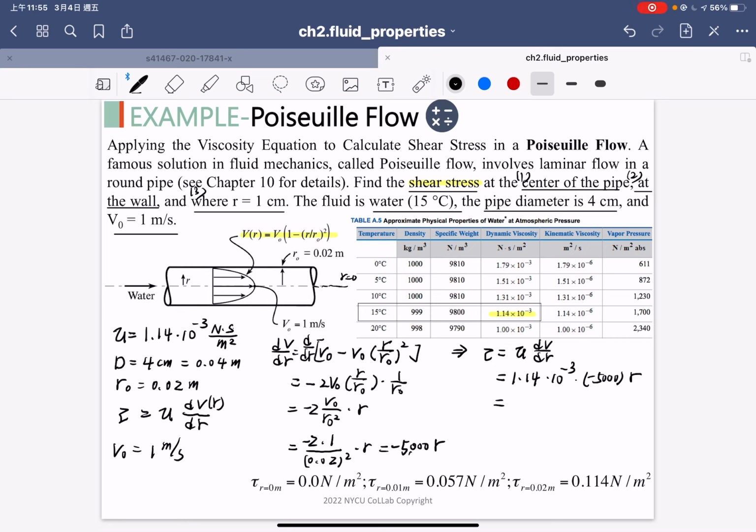It's around 5.7 R. Okay, so go back to our question. We need to compute the 3 answers at different locations.